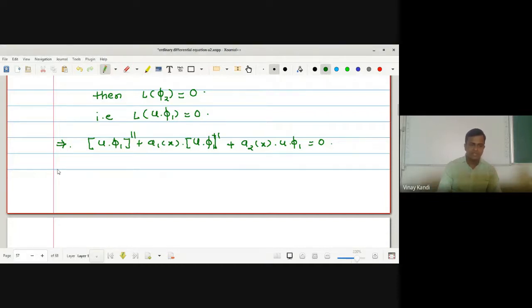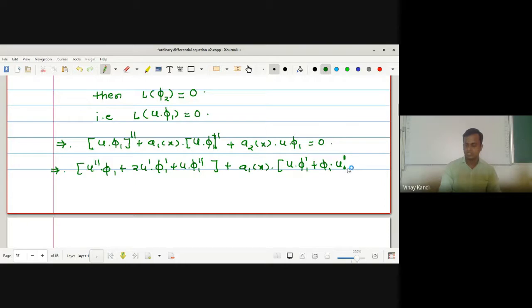Now differentiate with respect to x, the second derivative, directly in the second step. So here we get u double dash into phi 1 plus 2u dash into phi 1 dash plus u phi 1 double dash, plus a1 of x into the first as it is, the derivative of phi 1, plus the second as it is, phi 1 into u dash.